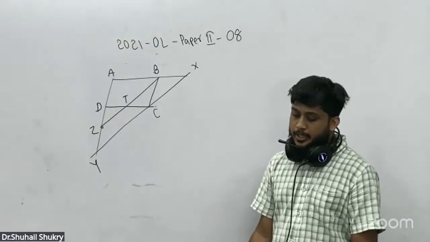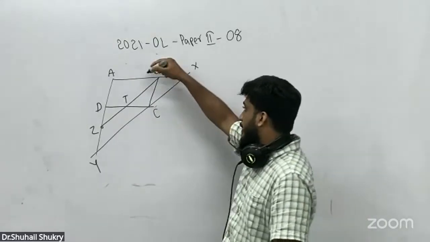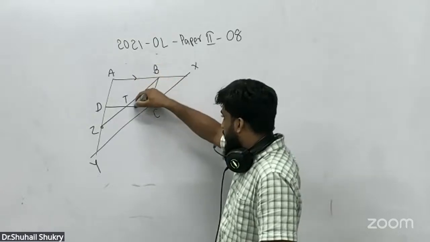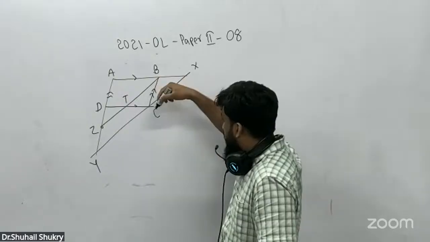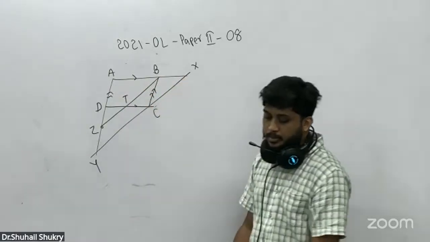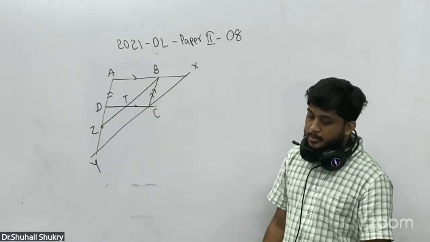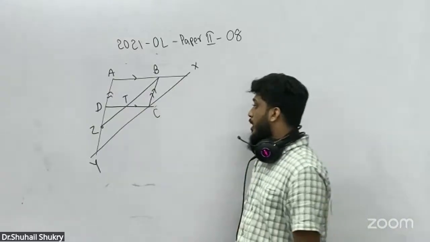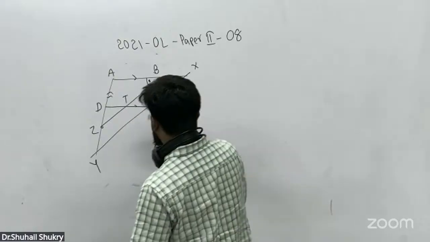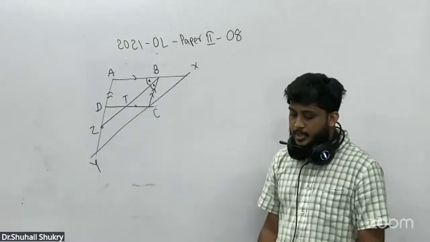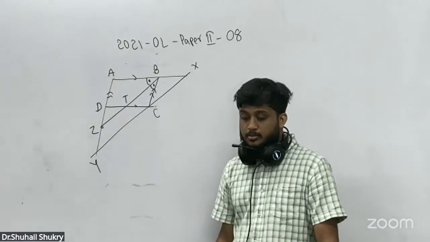They have told us ABCD is a parallelogram. ABCD parallelogram means this side is parallel to this side, and this side is parallel to this side. Next, they have said the bisector of angle ABC. Bisector of ABC means this angle and this angle are both the same, so mark those things, very important.